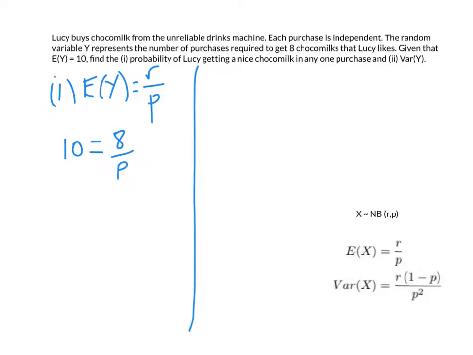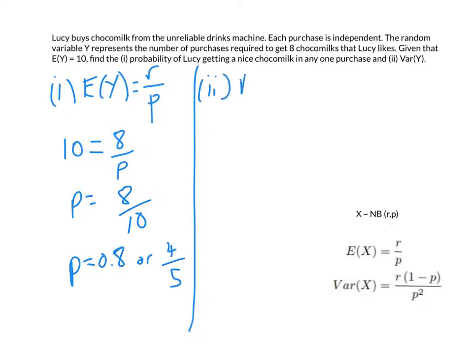So expected amount is r over p, so I'll just substitute the numbers in. And we obviously get 8 over 10. So the probability is 0.8, or if you like, 4/5.